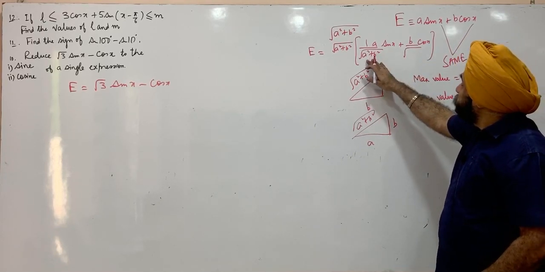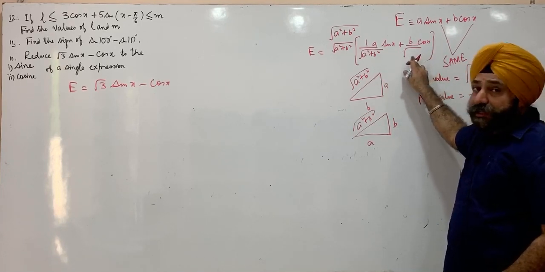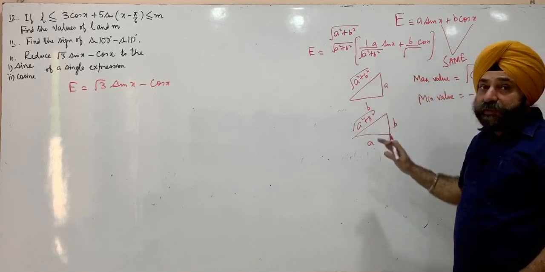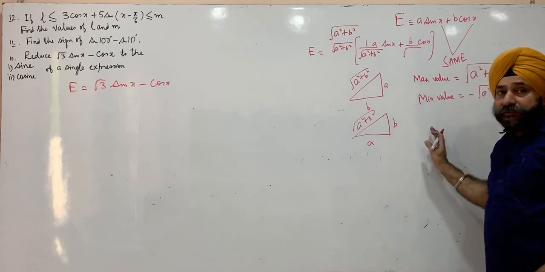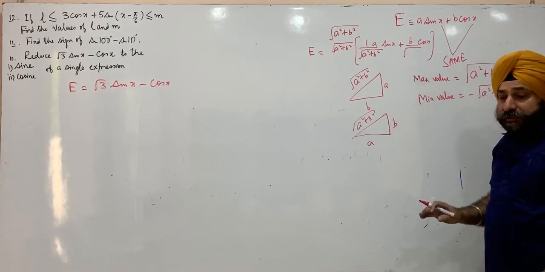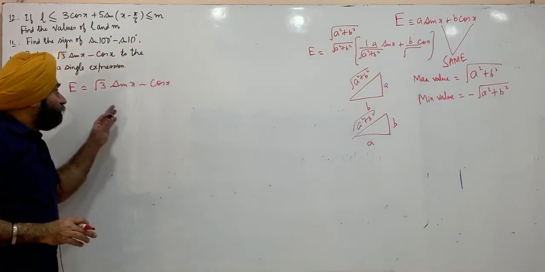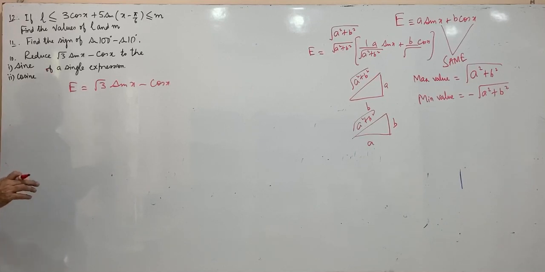So if it is cos and this is sine, we have sine a cos b plus cos a sine b. It's sine of a plus b. It reduces to sine of an angle. Similarly, if we use this, it will be cos. So let us learn how to use this for this question.